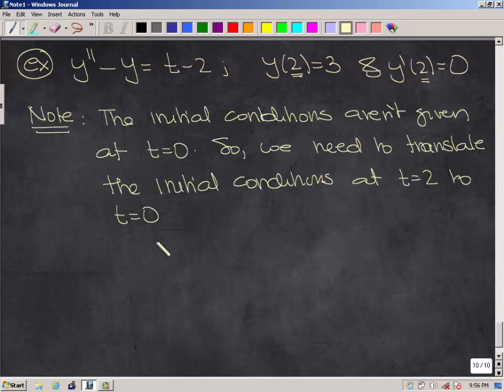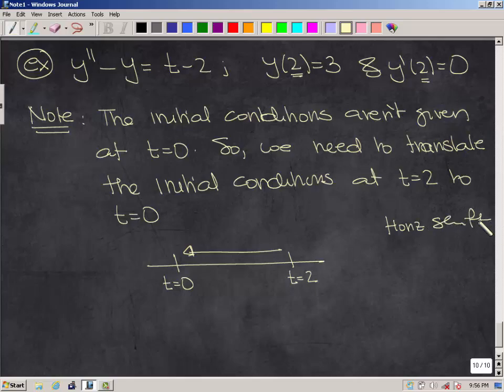Let's take a look at it graphically. Here is t is equal to 0 and here is t is equal to 2. I want to translate this here, move this here. If you recall from algebra, whenever we do a horizontal shift, it's always in the opposite direction of the sign.